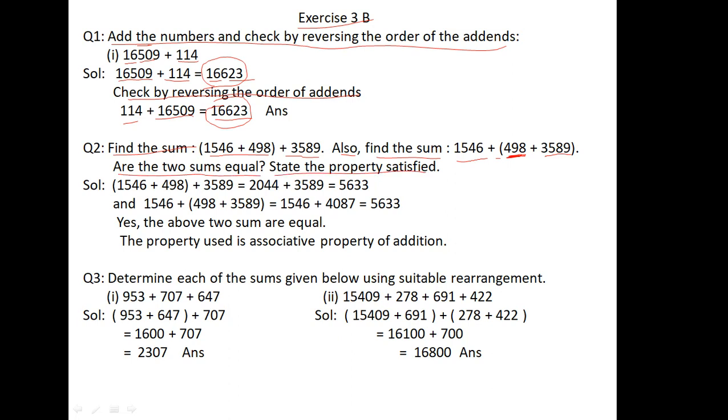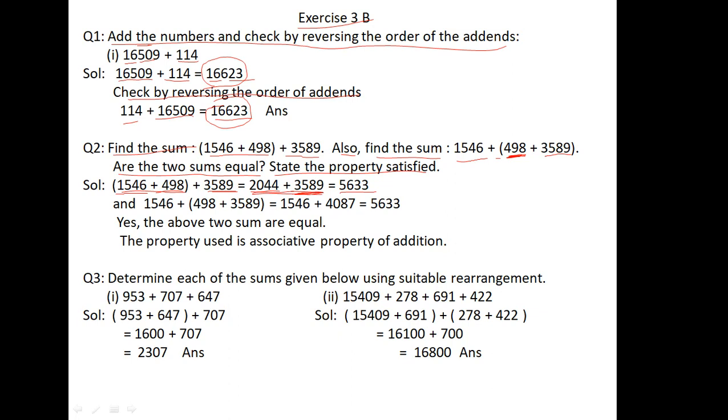First of all, we will solve the first addition, that is 1546 plus 498 in one bracket plus 3589 outside of this bracket. When we add 1546 plus 498, the answer will come 2044. After this we will add plus 3589, and when we add 2044 plus 3589, the result will come 5633.